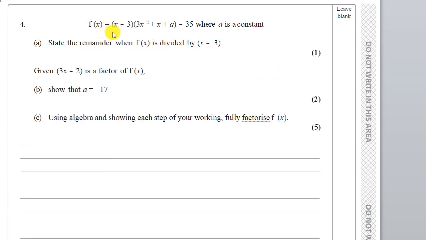f of x is equal to (x minus 3) multiplied by (3x squared plus x plus a) minus 35, where a is a constant. State the remainder when f of x is divided by x minus 3. So if we divide f of x by x minus 3, it means x minus 3 equals 0, so x is equal to 3.